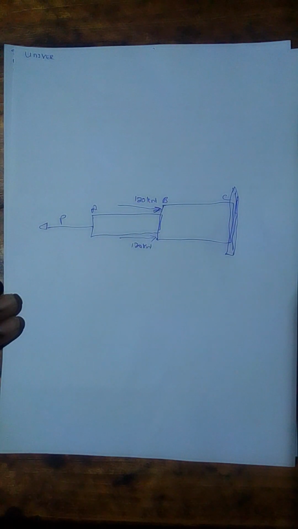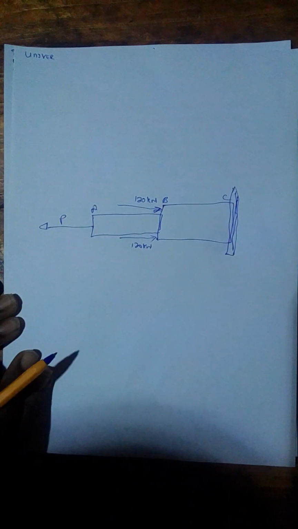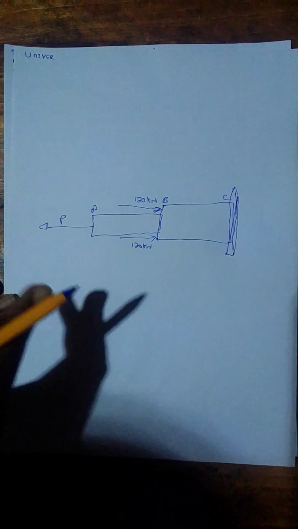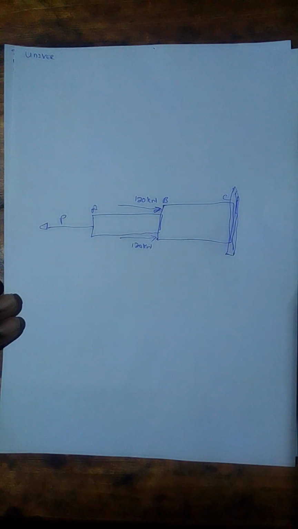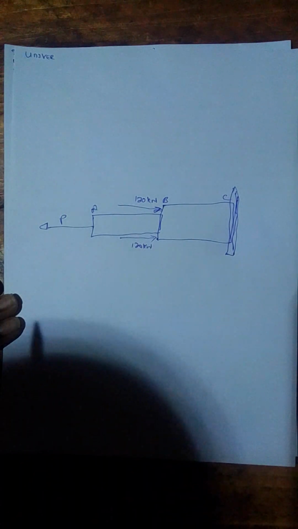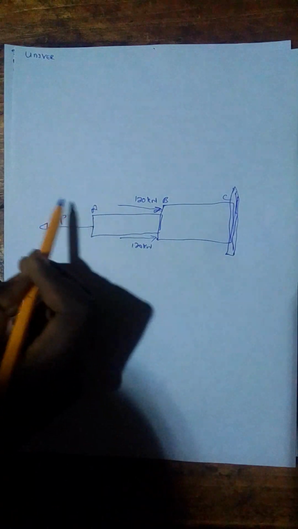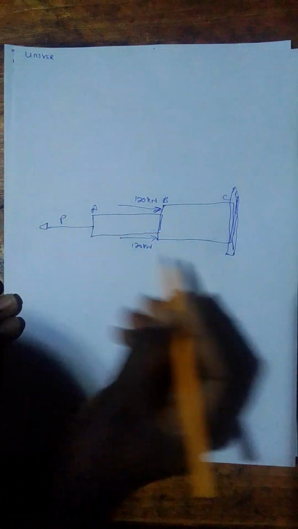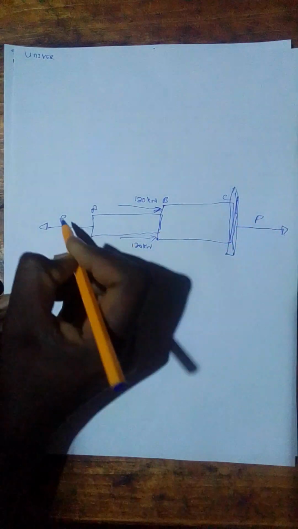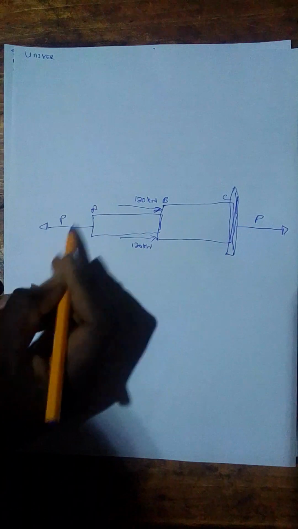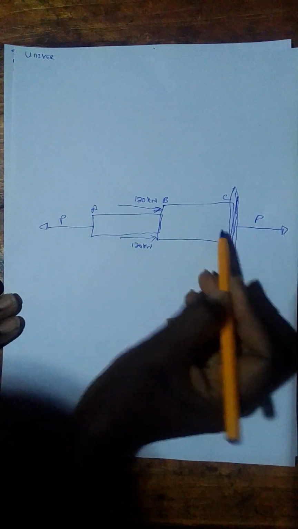Now there's something I want to explain here: normally there aren't only three forces acting here. There are actually six, because Newton's third law says for every action there's an equal but opposite reaction. If P is pulling this rod in that direction, then the wall is equally pulling back with the same magnitude, and this is also causing a tensile stress.